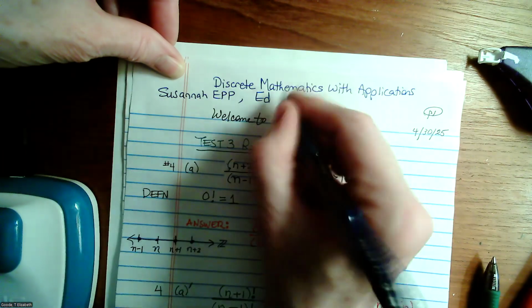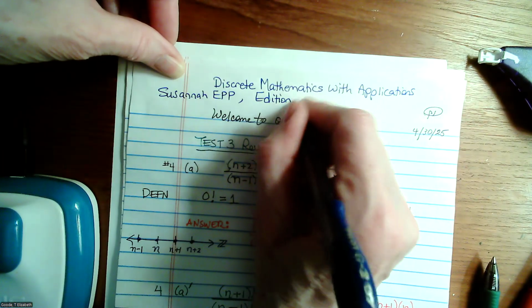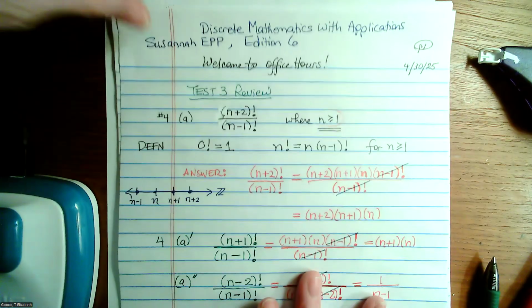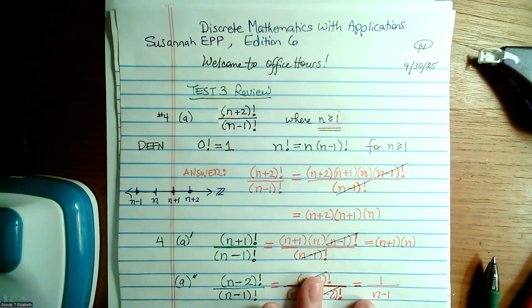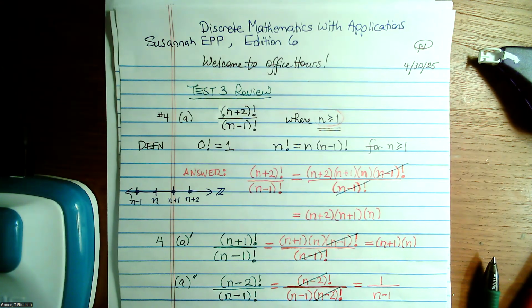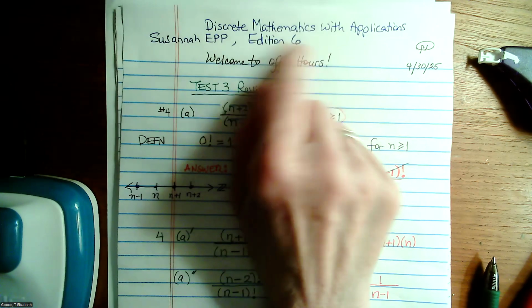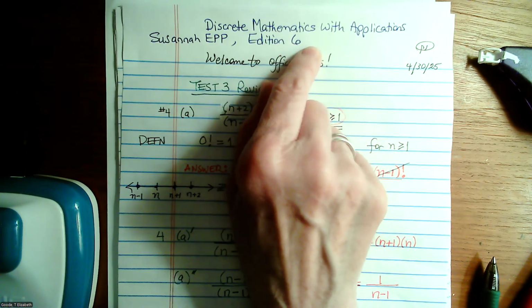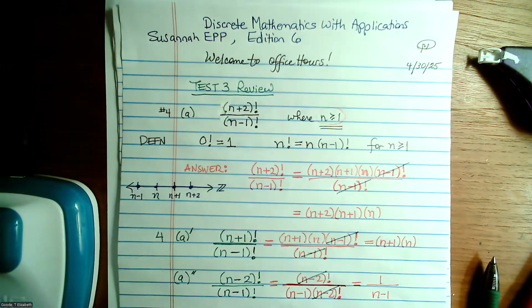I actually like the third edition a lot, but there's nothing wrong with the sixth edition, and there are some typos in the earlier editions. We're either using edition five or edition six. I honestly don't know because I just use an old edition if I want to look at the hard copy. But you don't have to buy the latest edition. Buy edition five or edition four. You can get a used one for like $20.